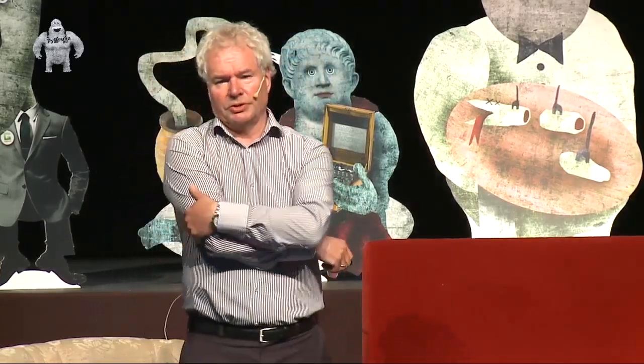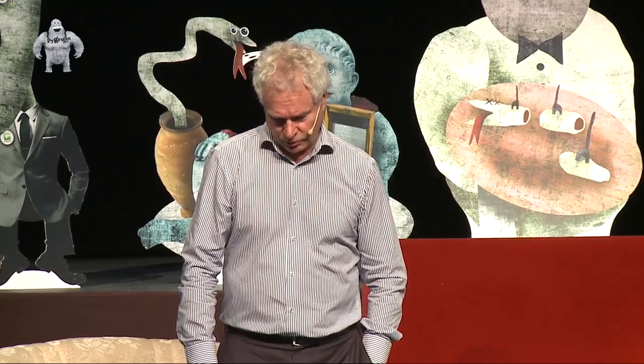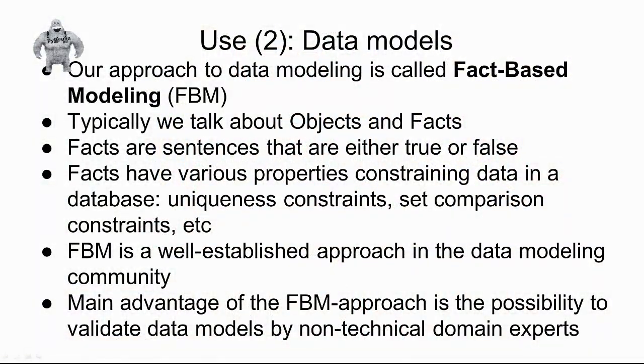Well, that's only one side of the coin. That's process modeling. The other side of the coin is data modeling. A system is only complete when you talk about the process and the data. Now, what we try to do when we are capturing user requirements from our domain experts, we use an approach called fact-based modeling.